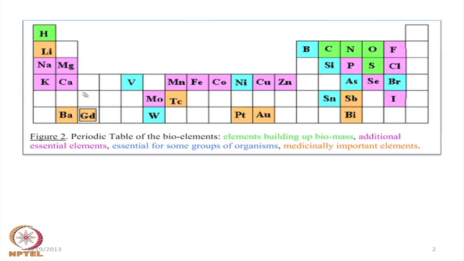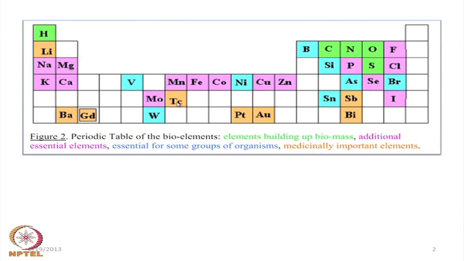So, out of the entire periodic table, we can have some of these elements and we consider them as bioelements. These bioelements can range from the elements being utilized as biomass, that means the molecules which are responsible for making the typical biomolecules, the carbohydrates, the glucose, the nucleic acids and all these, to the medicinally important elements.